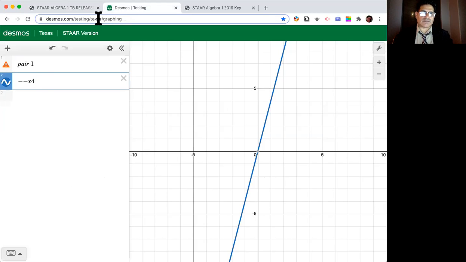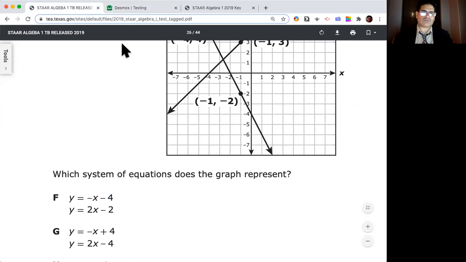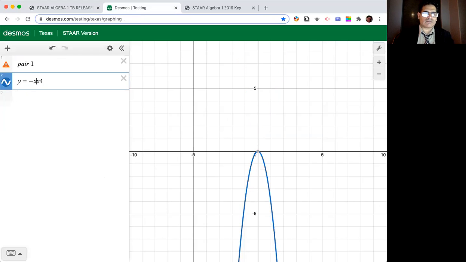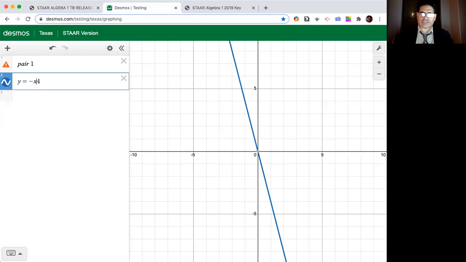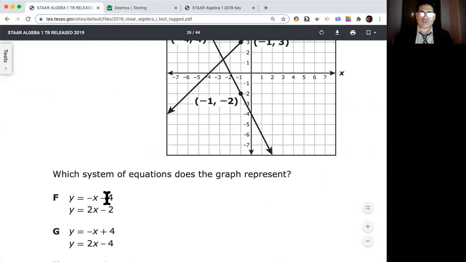Y equals minus x minus 4, and 2x minus 2.